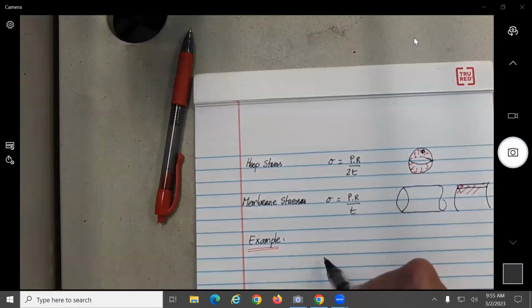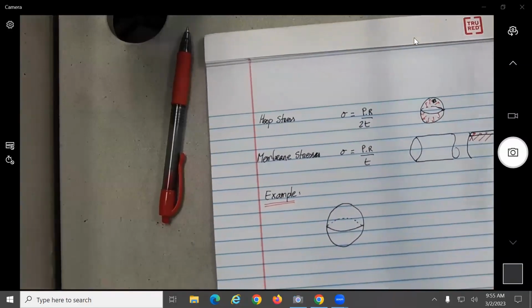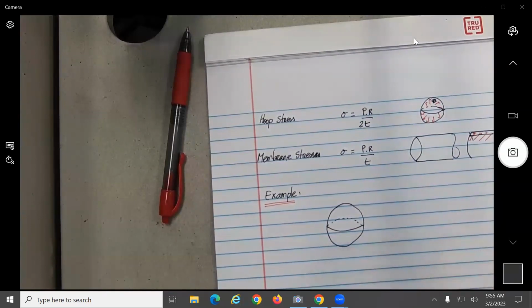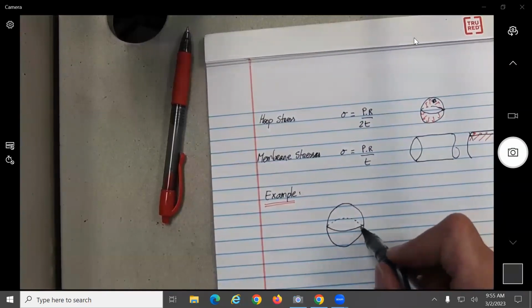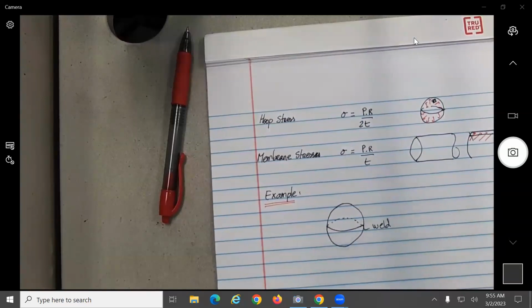All right, so if we do a figure, this would be our gas tank. And basically the way it's being manufactured is that we have two half semi-spheres, and we're going to be welding them together, okay? So we put a weld over there.